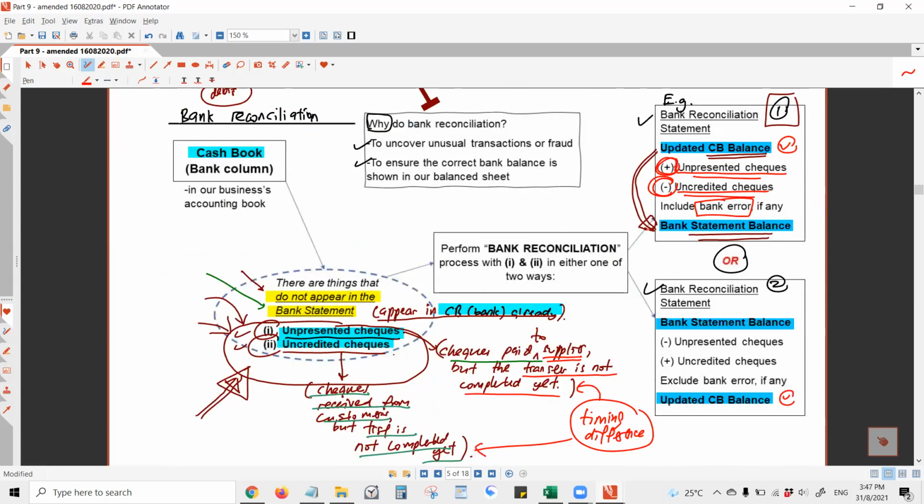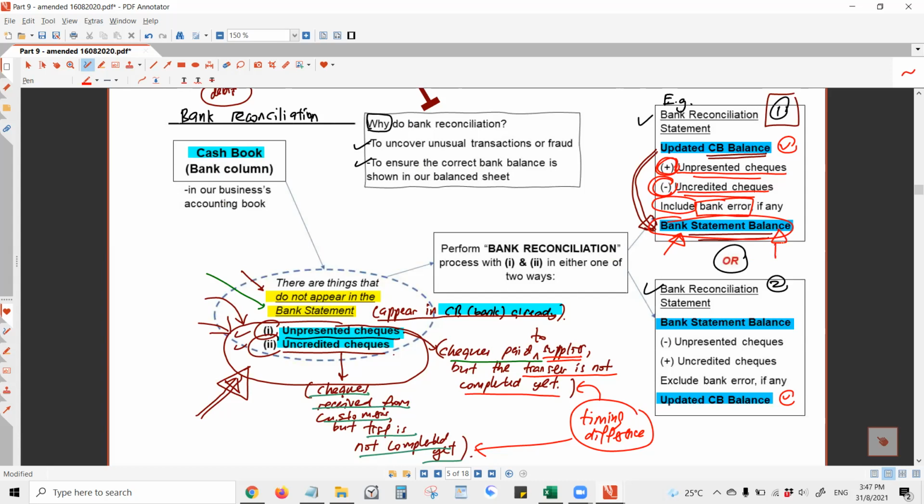Okay, but you are now working towards the bank statement balance, and we said that the bank statement contains the bank error. So don't you think it's logical that we have to include the bank error? Otherwise, we cannot arrive at the bank statement balance. That means we must make the same mistake as the bank made. Do you agree? Yeah.